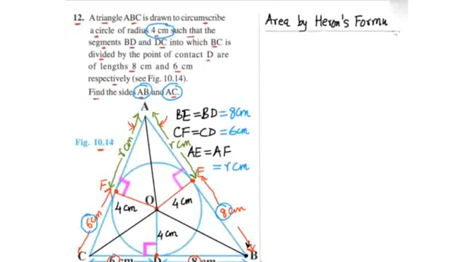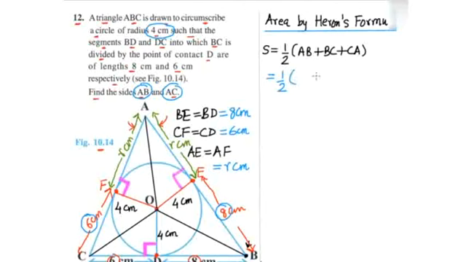And how do we calculate the semi-perimeter? Well, we simply add the three sides and take half of that. So the semi-perimeter S will be equal to half of AB plus BC plus CA, correct? Now let's plug in the values. So half of AB is, how much is AB?